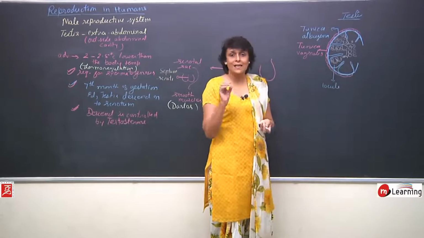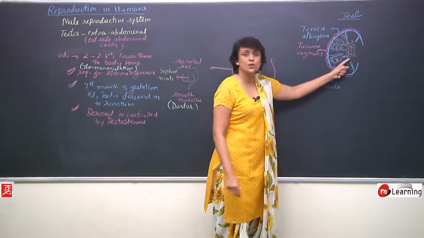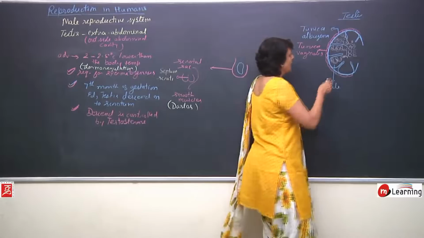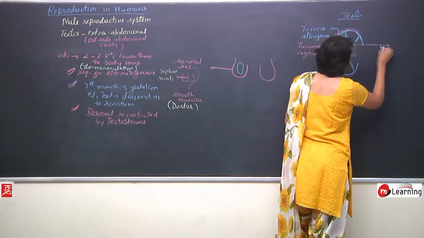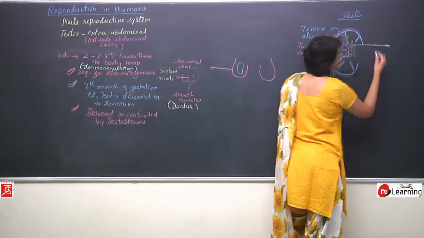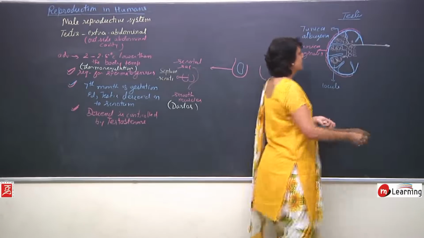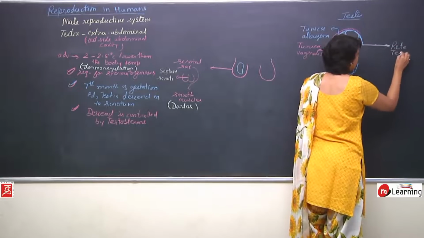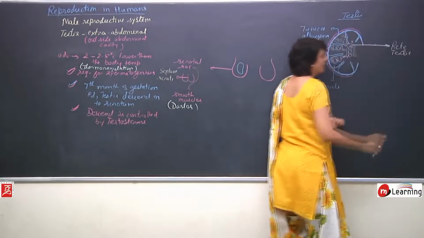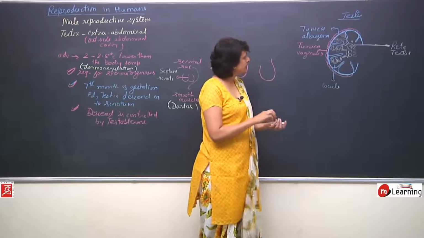This grid-like pattern, or these straightened tubes, together are known as rete testis.